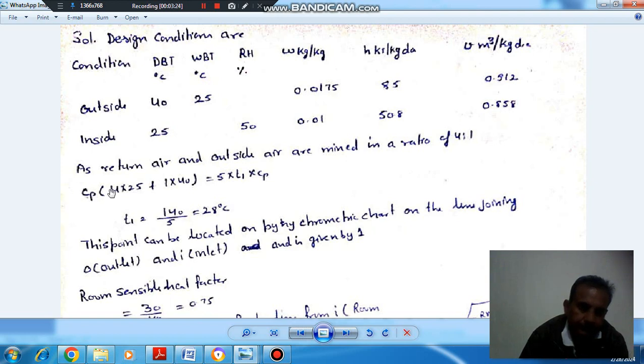As return air and outside air are mixed in the ratio 4:1, taking 4 kg of inside air and 1 kg of outside air, the total mass will be 5. Finding the temperature after mixing, that is approximately 28 degrees Celsius.